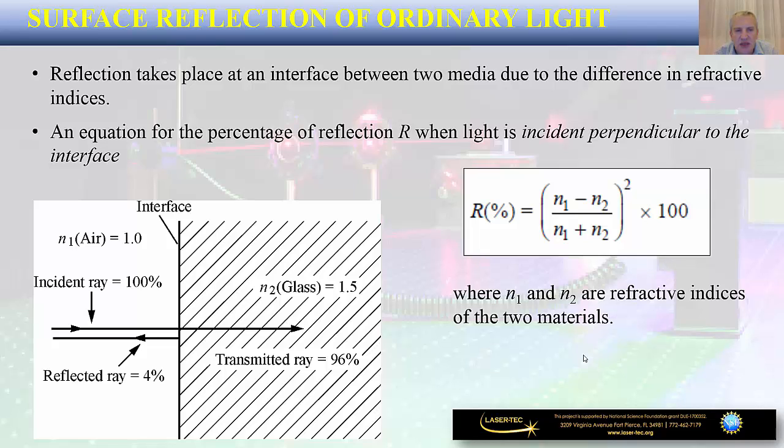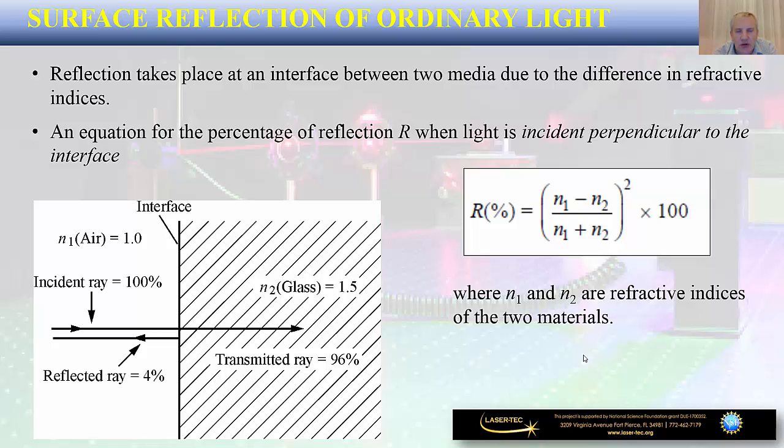This number, 4%, means that out of the total input irradiance in an incident ray, 4% is going to get reflected, while the remaining 96% is going to get transmitted into the glass, and this transmitted ray, equal to 96% of the incident irradiance, is going to be absorbed slowly as the light beam moves through the glass.